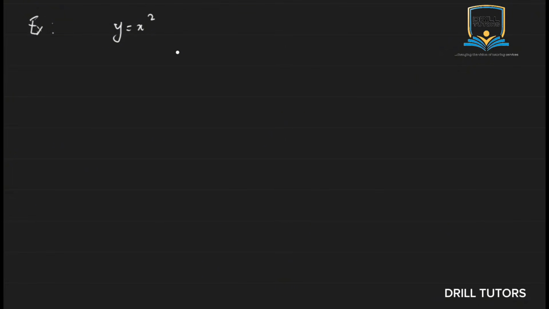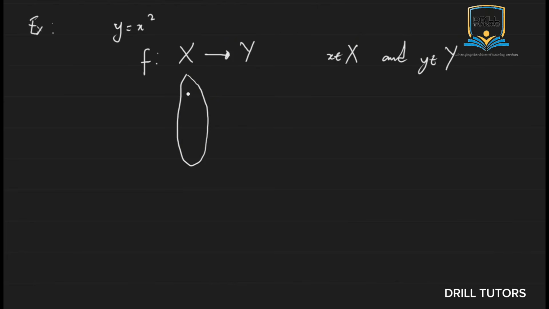I want you to observe a function that maps x to y, where x is an element of X and y is an element of Y. Now from this definition, let's say we are picking from -1, 0, 1, and 2, and the set of elements in the codomain are -1, 0, 1, 3, and 4.